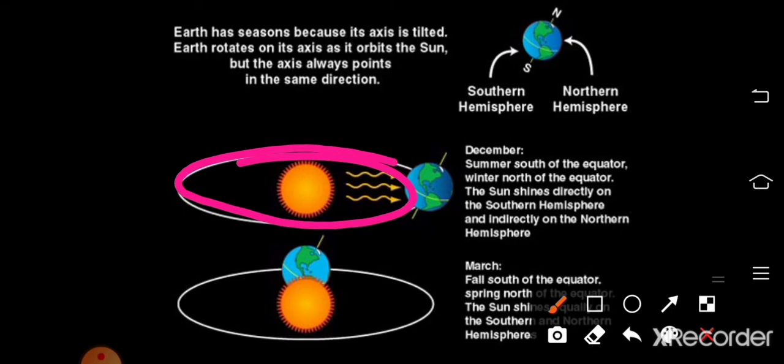That means at the Tropic of Capricorn, the 23.5 degree south latitude, the sun will be overhead almost all the days during this particular season. So the southern hemisphere experiences summer and the northern hemisphere experiences winter.